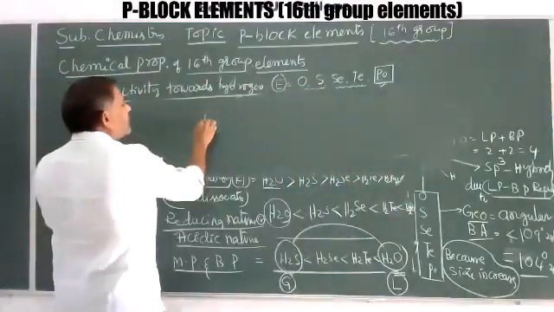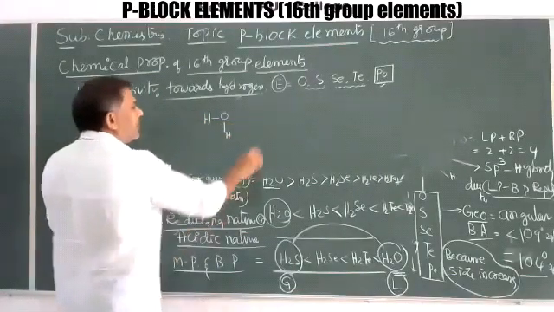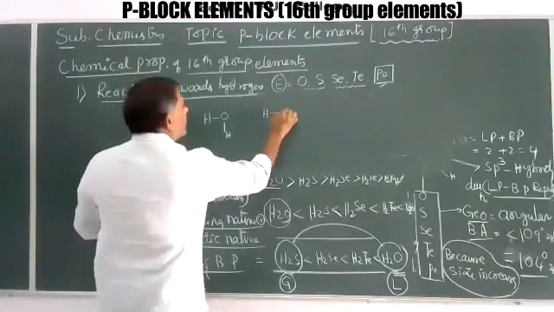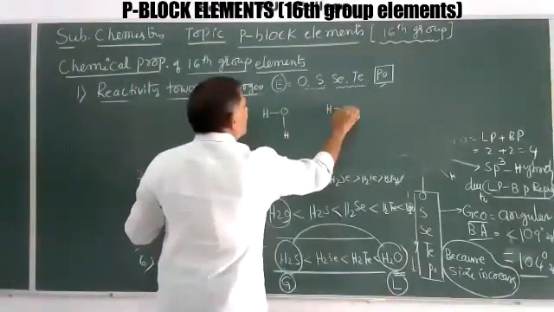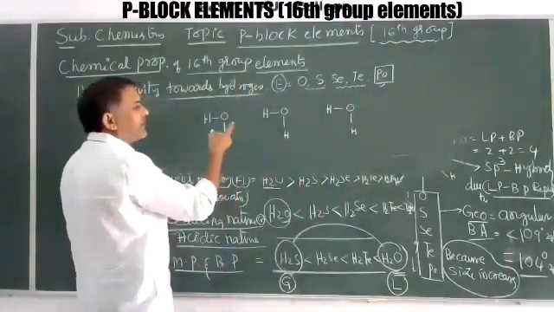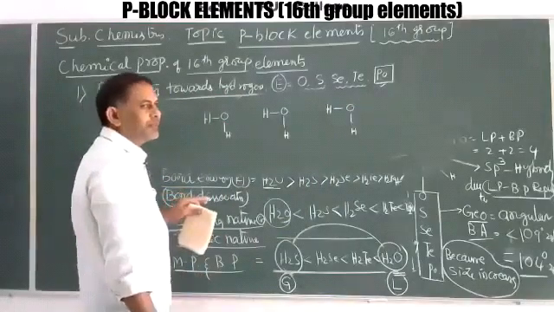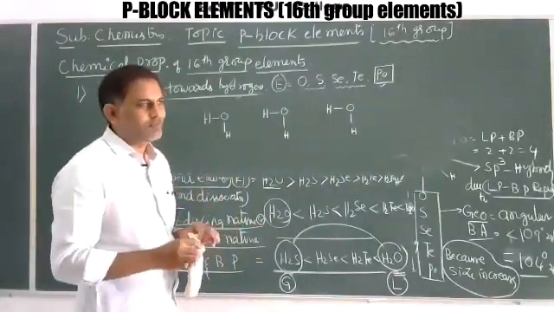Here we can take a water molecule H2O, and another water molecule, and another water molecule. In first PUC, in 11th standard, the structure of water was explained in the liquid state as well as in the solid state.